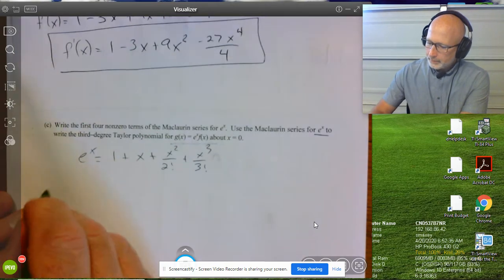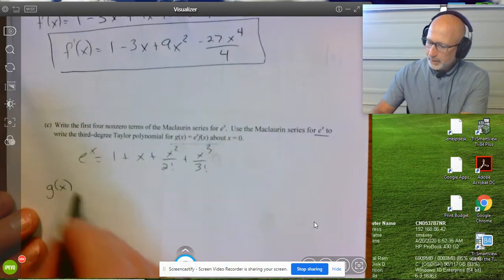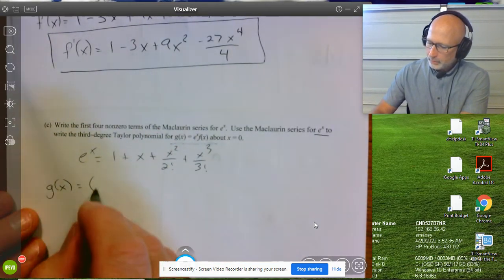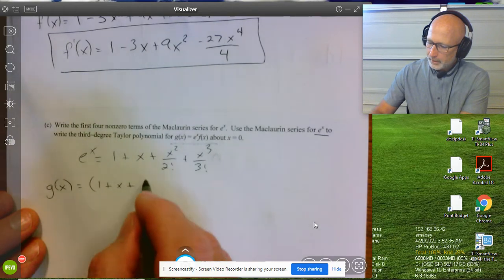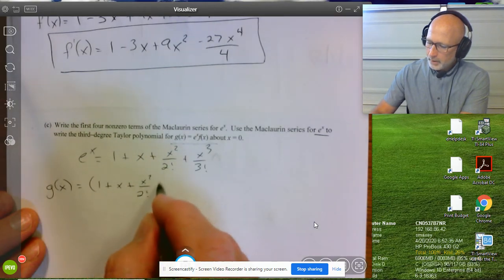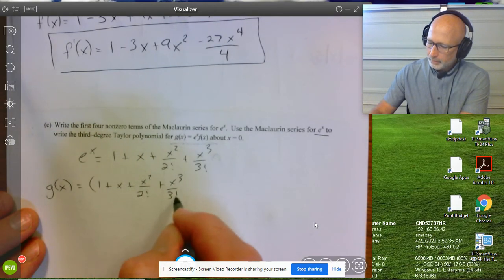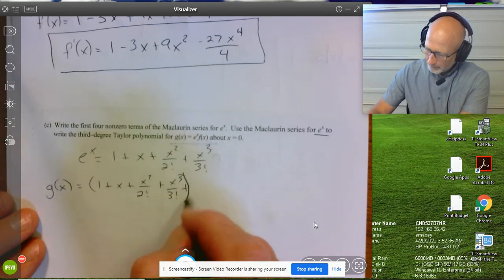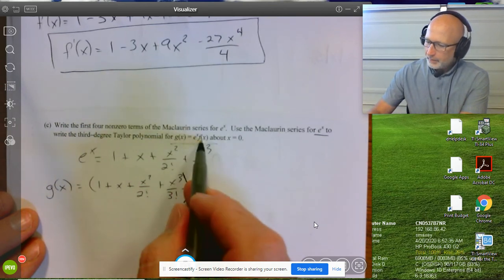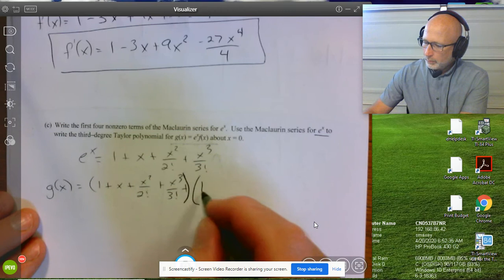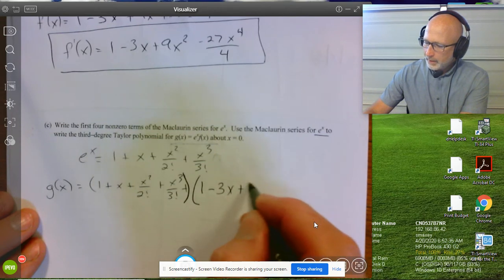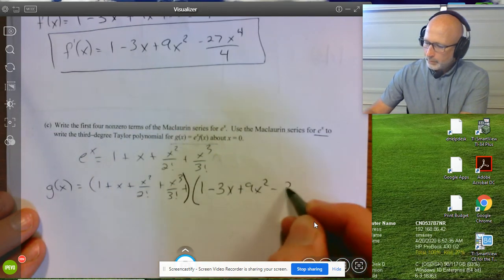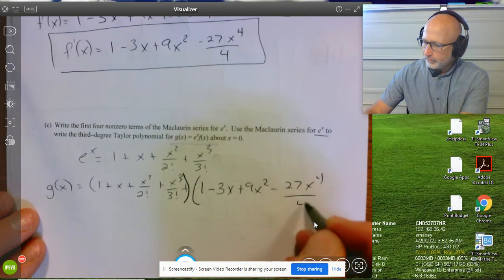So g of x is equal to e to the x, which is this, 1 plus x plus x squared all over 2 factorial plus x cubed all over 3 factorial, and then times f of x, which is given by this: 1 minus 3x plus 9x squared minus 27x to the 4th all over 4.